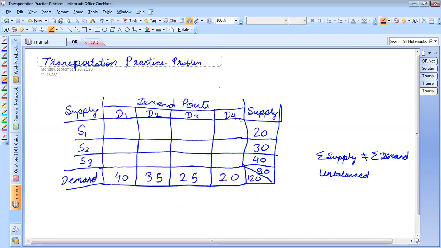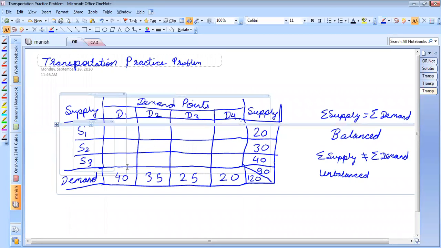Last class, what we did was we had summation of supply equal to summation of demand. This was known as balanced problem, isn't it? So we had one balanced problem, one called unbalanced problem. So if you see this is an unbalanced problem. Okay, now how to solve this kind of a problem?